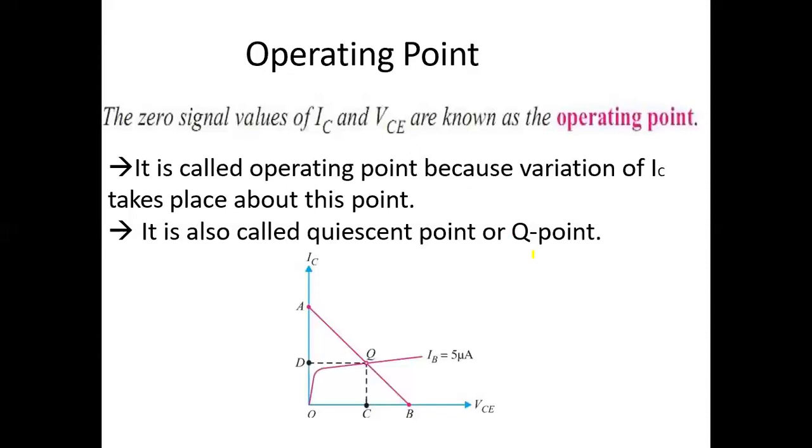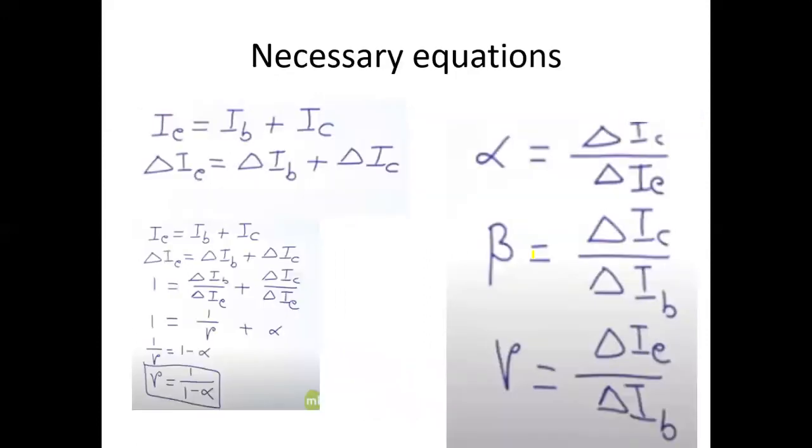The zero signal values of IC and VCE are known as the operating point. It is called operating because a variation of IC takes place about this point, and it is also called the quiescent point or Q point.